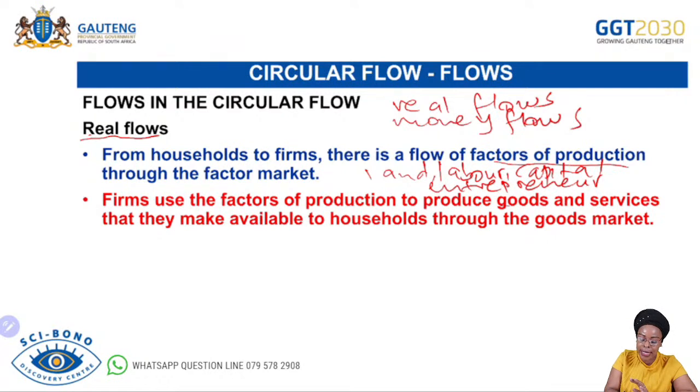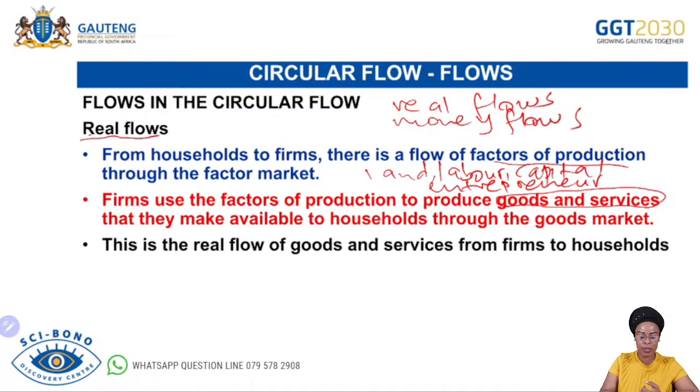Then we have the firms who buy these factors of production. They produce goods and services. This flow of goods and services also represents real flows, from the firms to the household. Remember, because this is an open economy, the firms can also sell goods to the government. They can also sell goods to other countries.